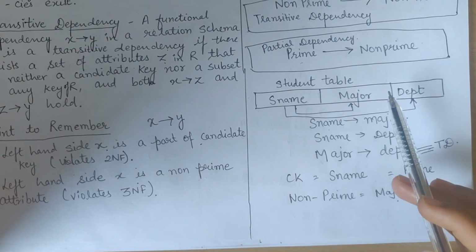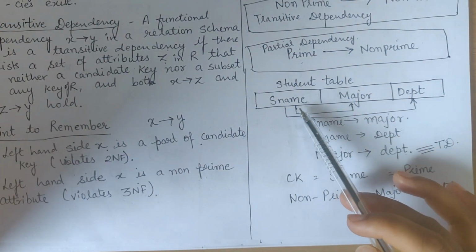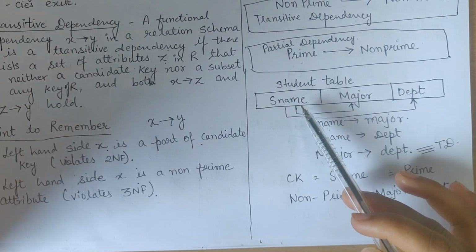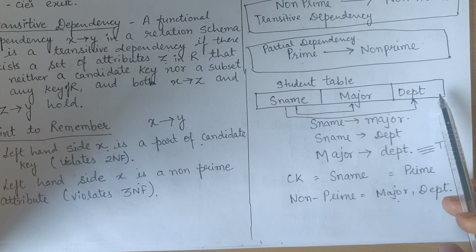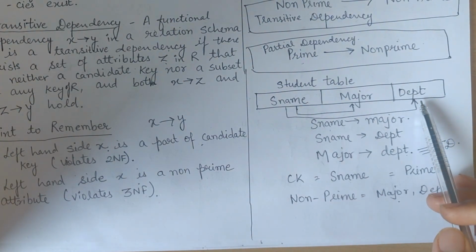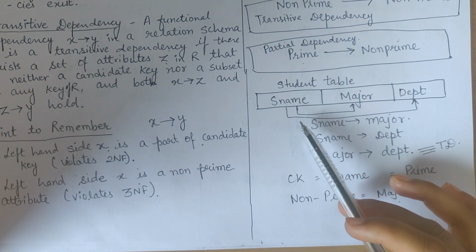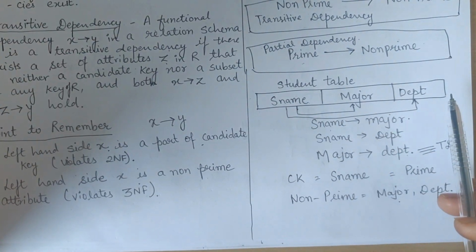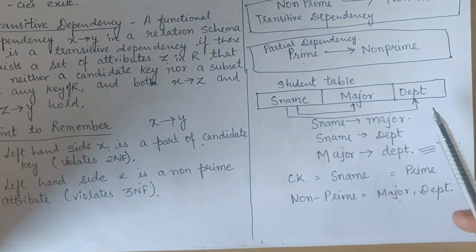We can't insert the value of major without the S name because there is a dependency on the value of S name, and there is a dependency on department as well. Let us suppose I want to introduce a new department. Now, if that department is not offering any subject for now, or that department does not have any student at that instant, I am not allowed to do that because there is a dependency.